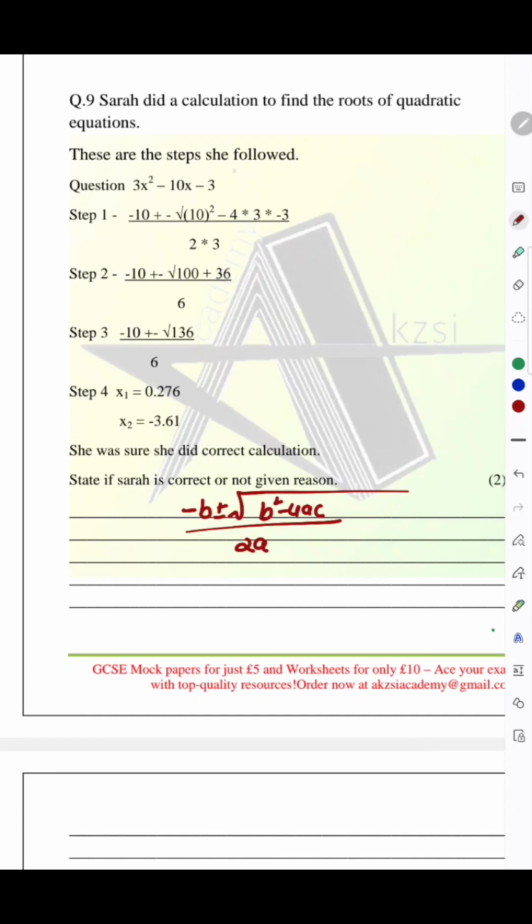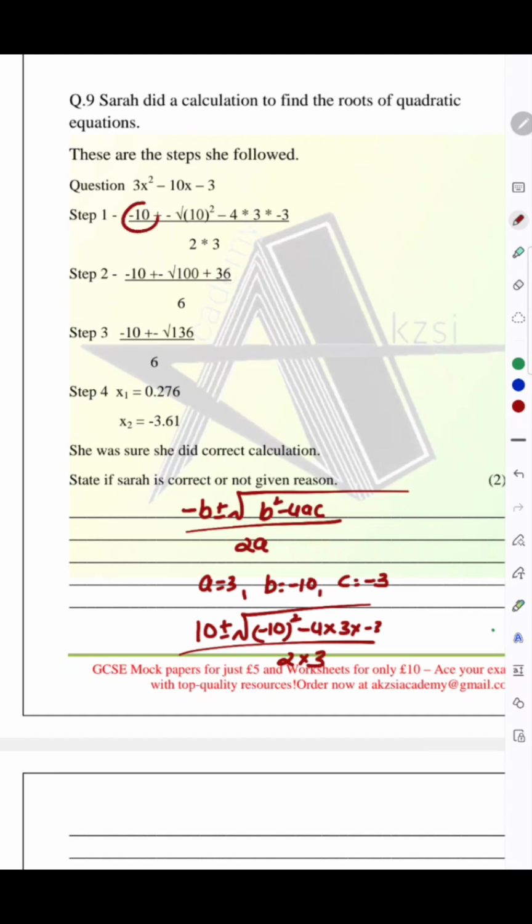On comparing this equation with the standard equation, we get a as 3, b as -10, c as -3. On substituting, I'll get 10, because -10 is the value of b, and in the formula it's negative b itself, so negative and negative will become positive. So this formula will now become 10 plus minus root of -10 squared minus 4 times a times c over 2a, which is 3.